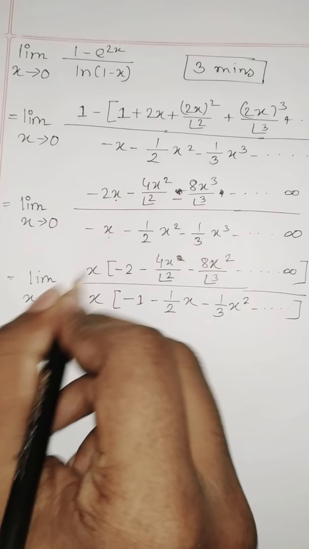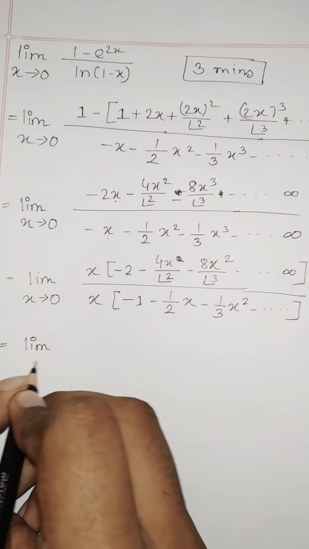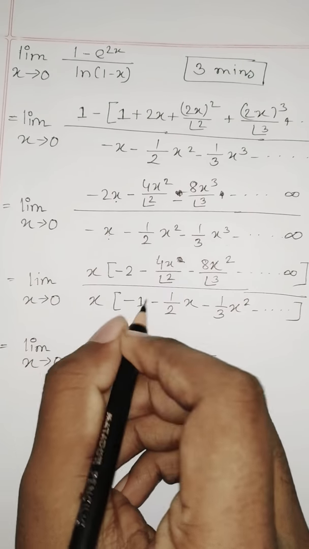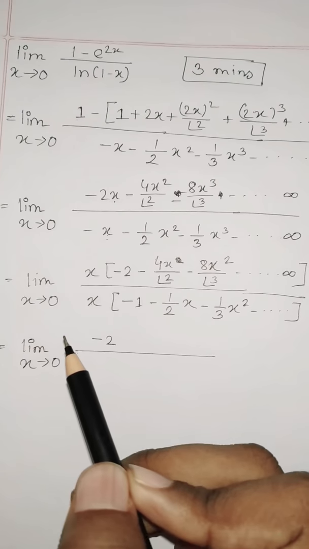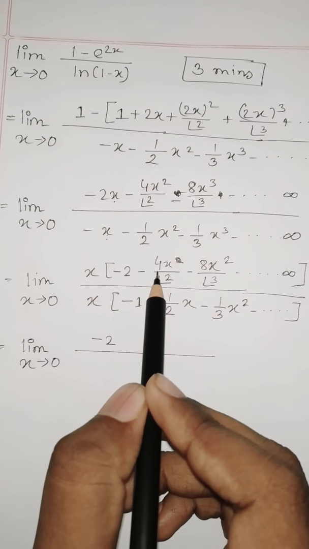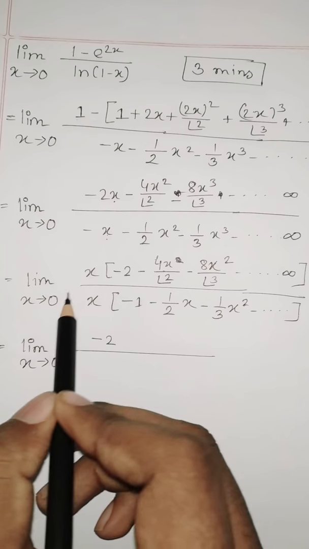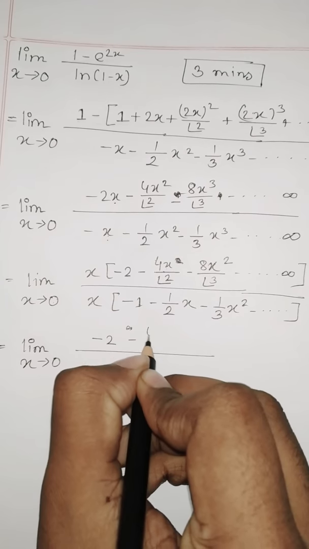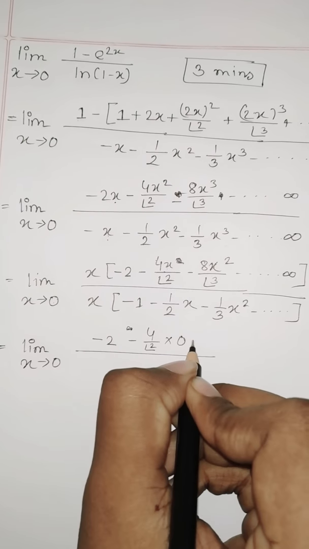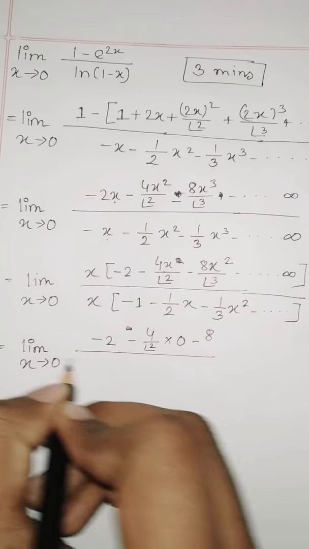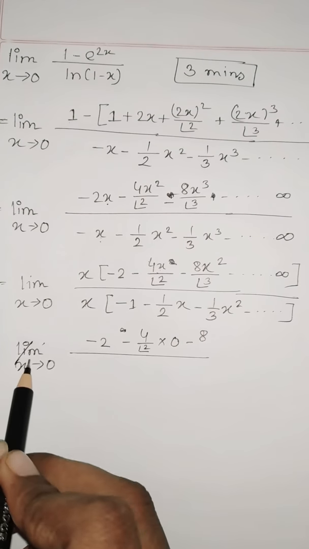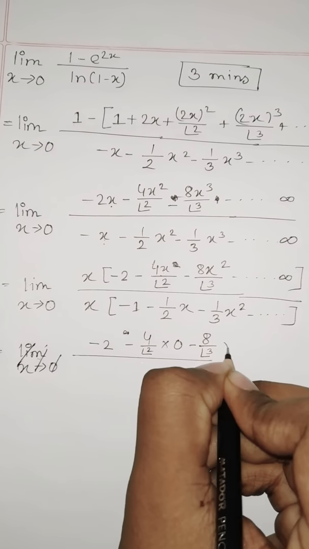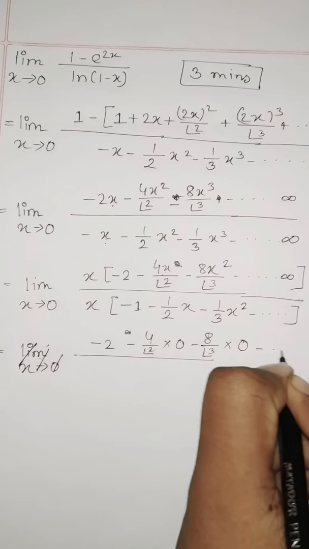Okay, then we cross it. Limit of x tends to 0 of minus 2. If we put 0 in every x's position, then in the upper part we will have minus 4 by factorial 2 into 0, minus 8 by factorial 3 into 0, and so on.